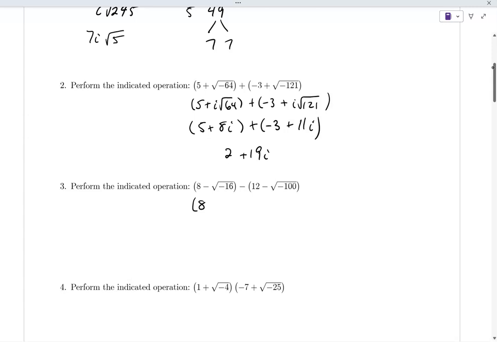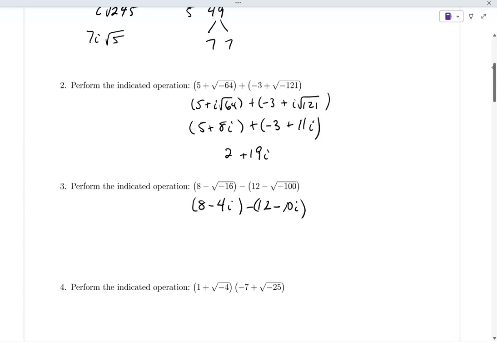So if we do that square root of negative 16, what do you get when you simplify that part? i square root of 16 and square root of 16 is equal to 4. Good. So we get 4i. And if we do the square root of negative 100, that simplifies down to 10i. Good. Everybody okay with getting those simplified?